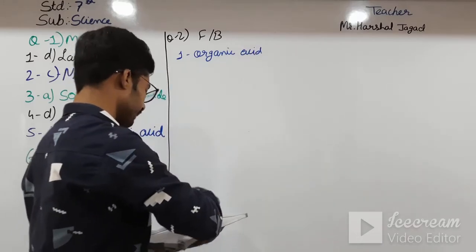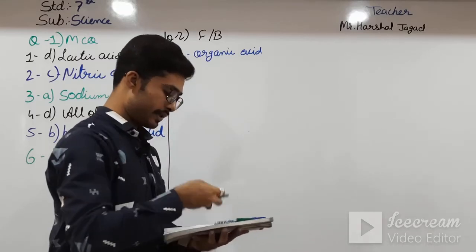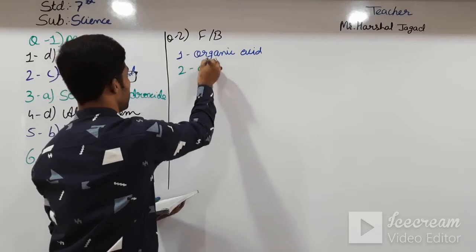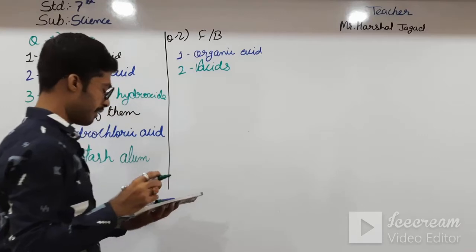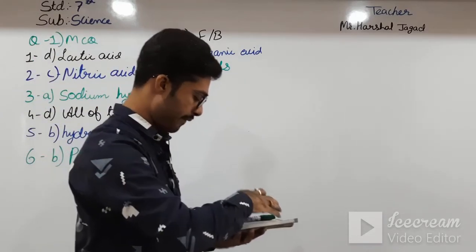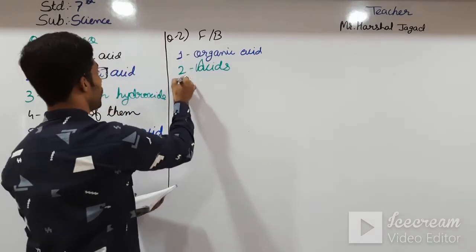Second one: dash are sour in taste, that is acids. Acids are sour in taste. Third one, the chemical name of common salt is sodium chloride.